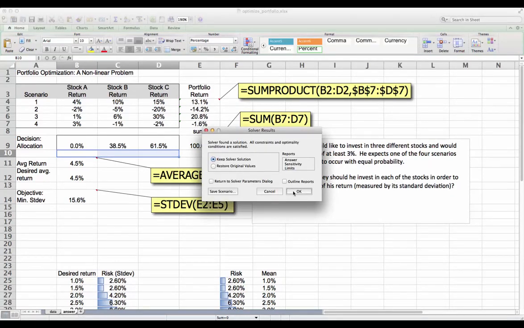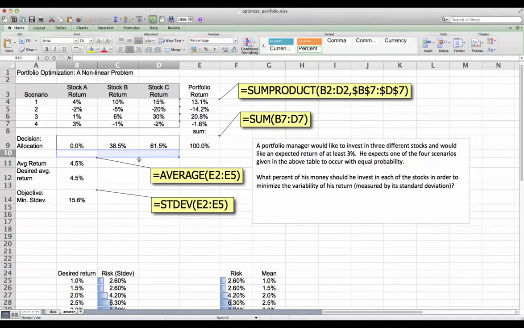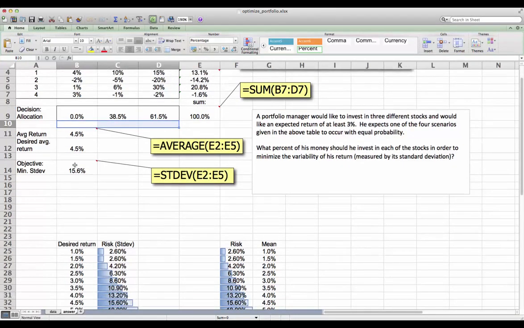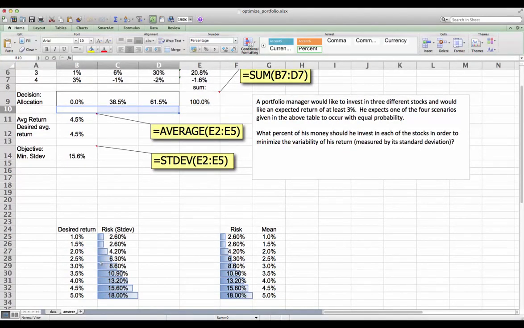So again, it reached this allocation, and indeed it hits the 4.5% return, and the minimized standard deviation is 15.6%.